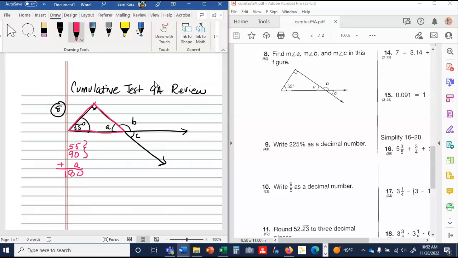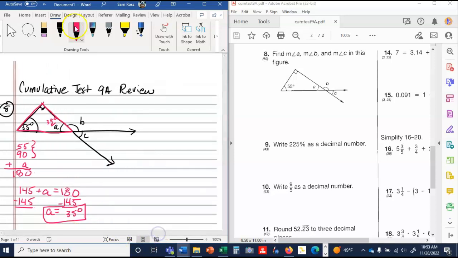So I know 145 plus A is equal to 180. So to find out what A is, I'm going to subtract 145 from 180, and I get 35 degrees. So we know A. I'm going to put a square around it. We've got that. 35 degrees.